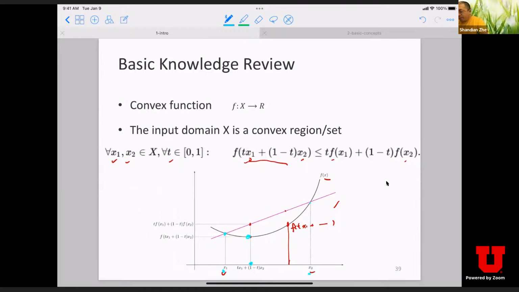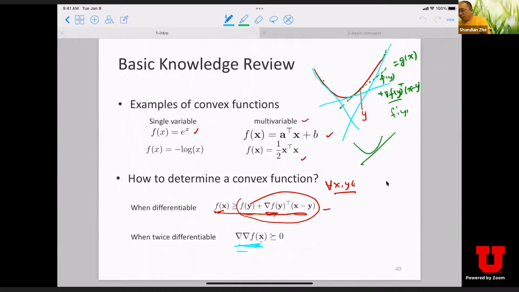It's not very easy to memorize this equation, but it's always intuitive to look at the figure. Just keep in mind, a convex function always has a shape like an arc, like this, downward. That's the typical shape of convex functions.